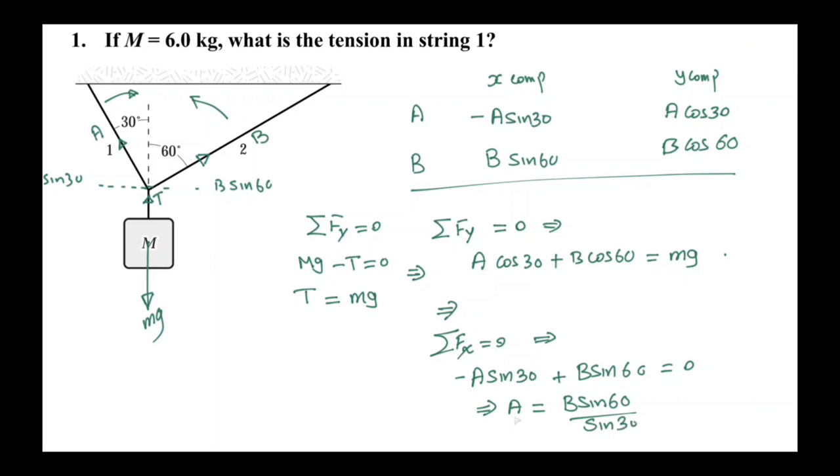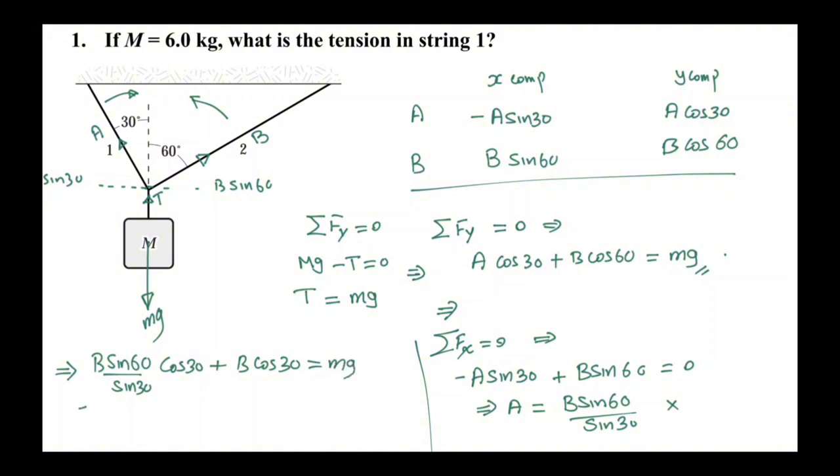You substitute this A back in this one, you will get B sine 60 over sine 30 times cosine 30 plus B cosine 30 equal to mg.